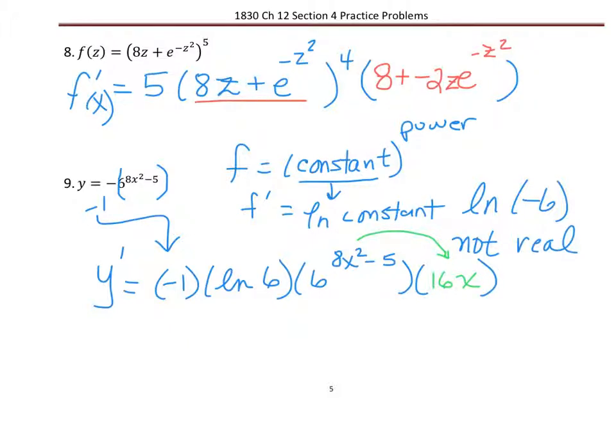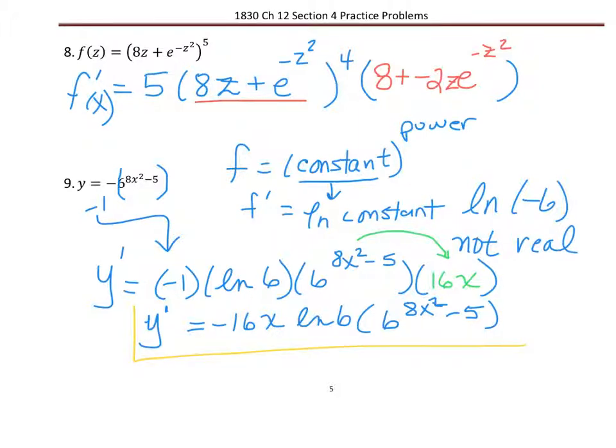And so ultimately y prime is -1 times 16x, which is -16x, times the natural log of 6, multiplied times the exponential expression 6 raised to the power 8x squared minus 5. And there again, there's no need to go any further than that.